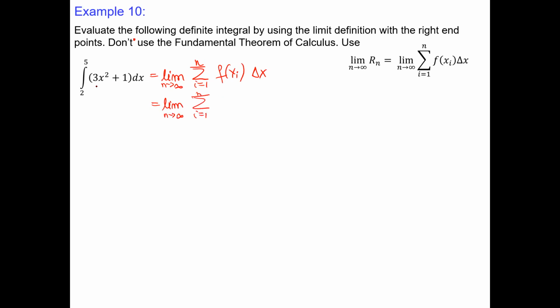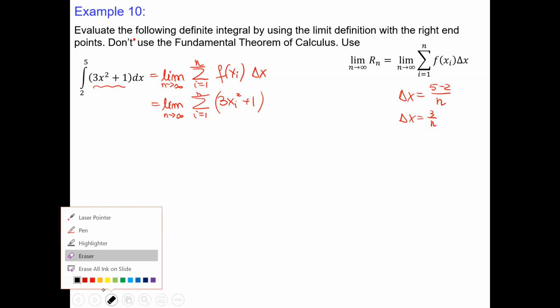Our function is this one, the integrand, the function that we're integrating: 3x squared plus 1, so 3 xi squared plus 1, times delta x. Actually, we can compute delta x. Delta x is the length between 2 and 5, divided by n, so 3 over n.